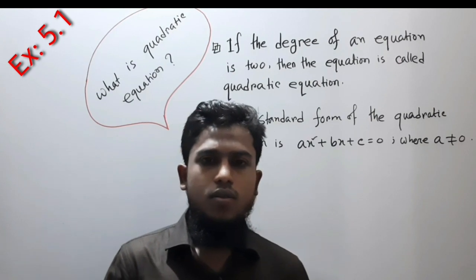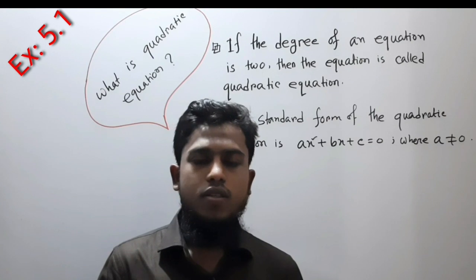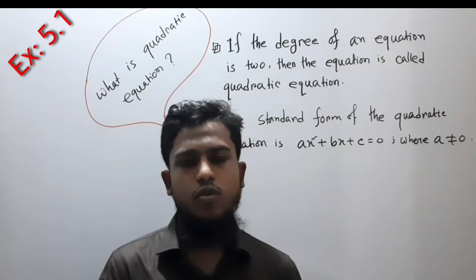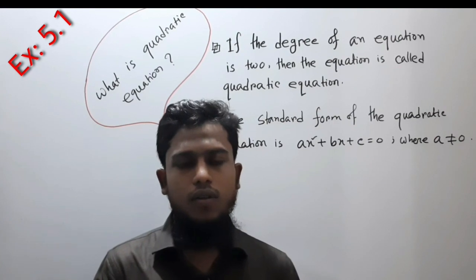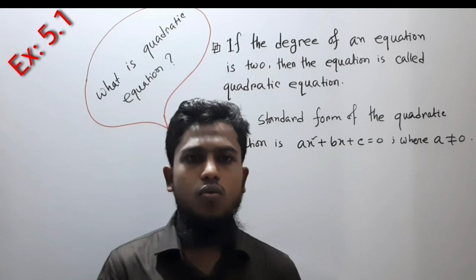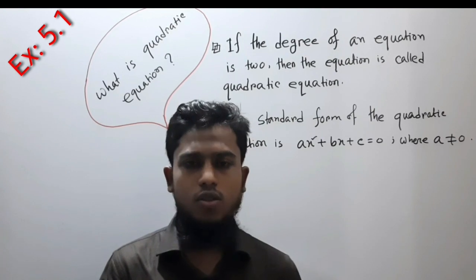Dear students, today I will discuss the basic concept of quadratic equation of your Higher Math Exercise 5.1. First of all, you have to know what is meant by quadratic equation, or what is the definition of quadratic equation.